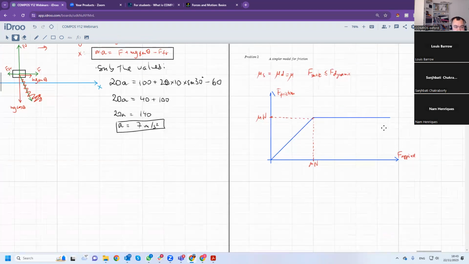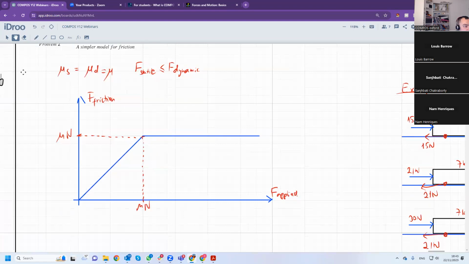In the simplified model, static friction is always less than or equal to dynamic friction. In the simple model, we ignore the small section.